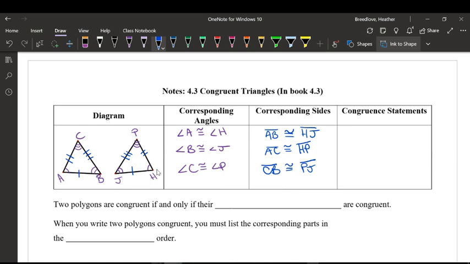So you want to match them up in a very particular order. They have to match. And then from that I can write a congruency statement, which is a very useful statement. So if I say the order ABC for the triangle, I have to write the other in the matching order.